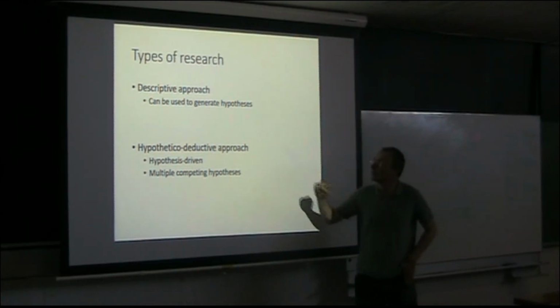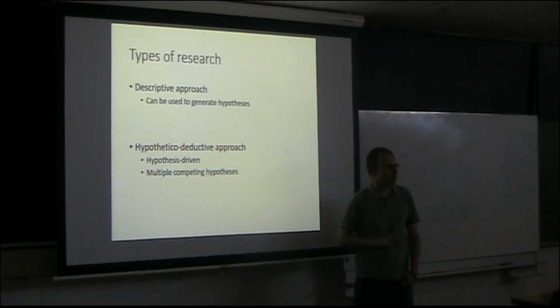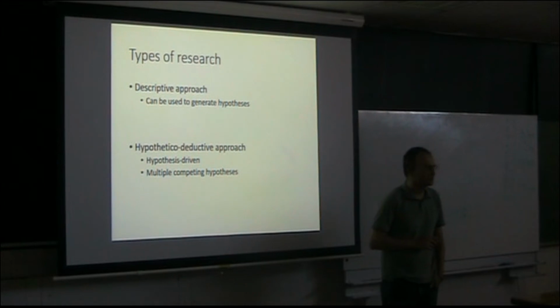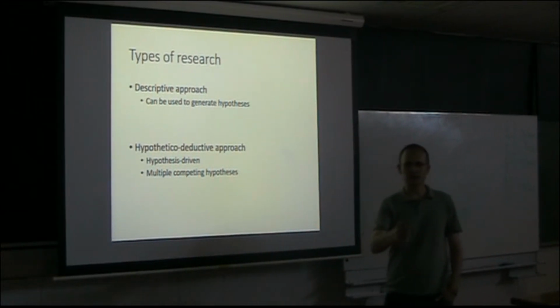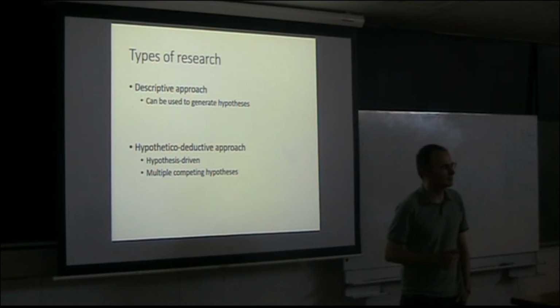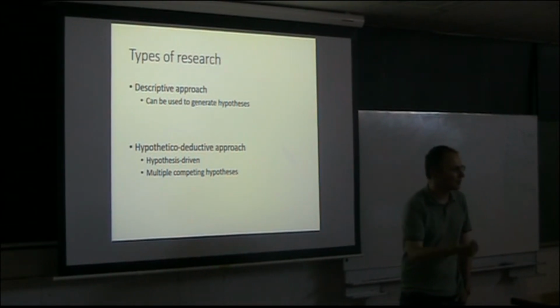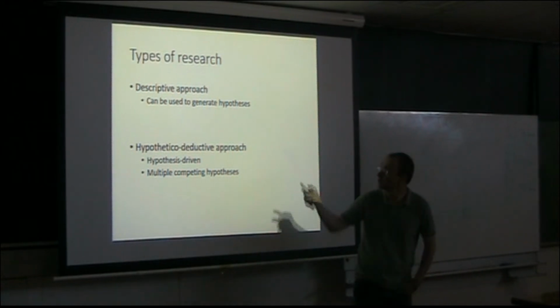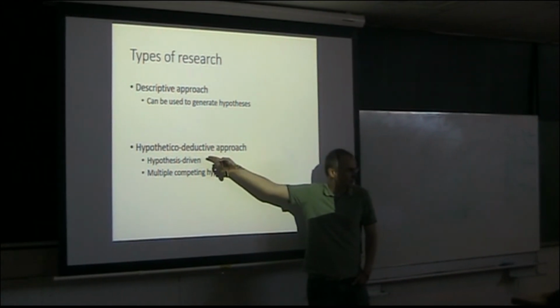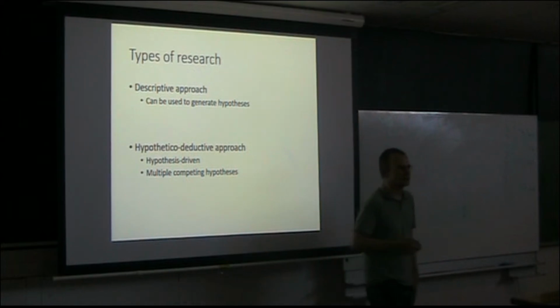But the descriptive approach is also good science. It could be something as simple as describing a plant species. Do you need to generate an elaborate hypothesis to describe a plant species? No. But if we didn't have those descriptions, we wouldn't be able to use them in later hypothesis generation.